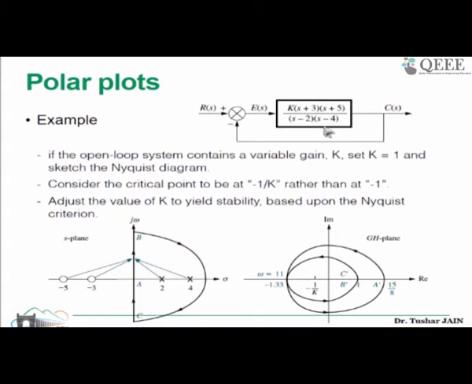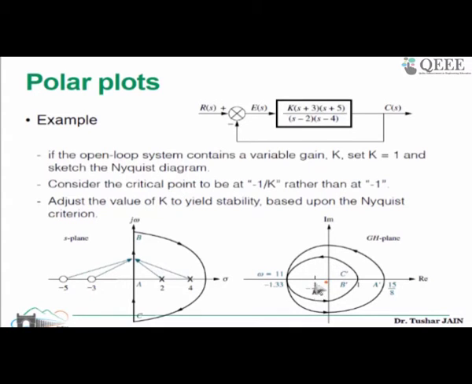So in the S plane, I have these 2 and 4 poles in the right half plane, and two zeros, -5 and -3. Then I make the contour and map this into the GH plane. What does the Nyquist stability criteria say? There are two unstable poles on the right hand side, so there should be two encirclements in the GH plane.